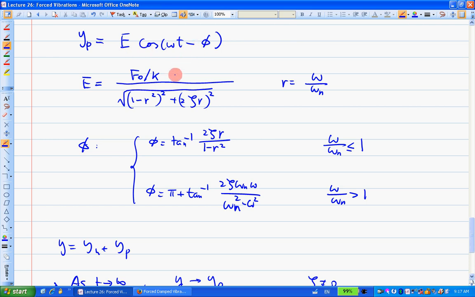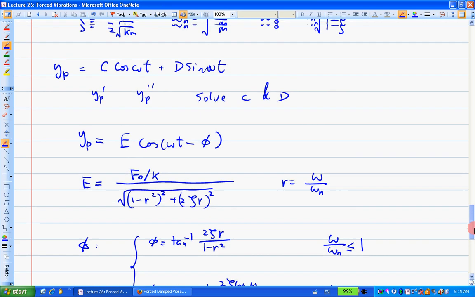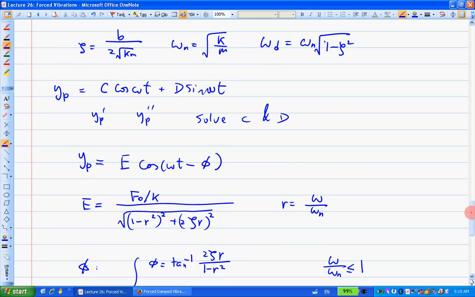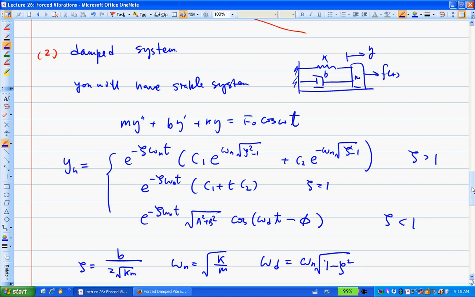So the system will behave like this: a sinusoidal output with amplitude E and a phase phi here, right? And what's my input? My input is F0 cosine omega0 t.